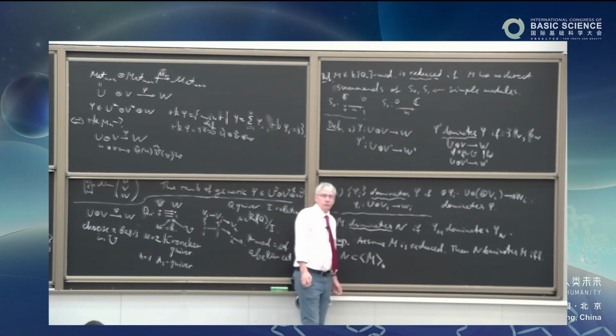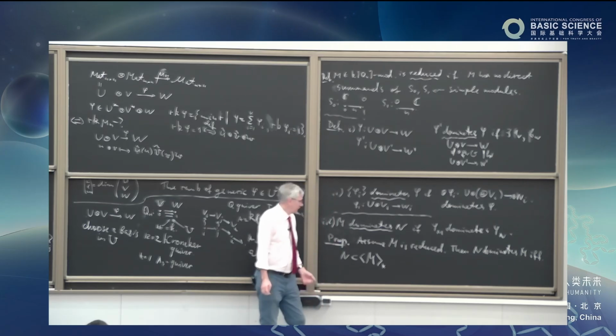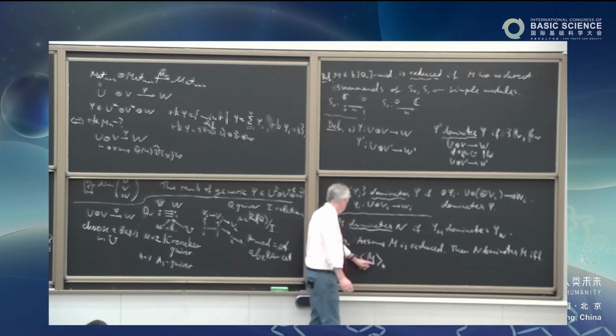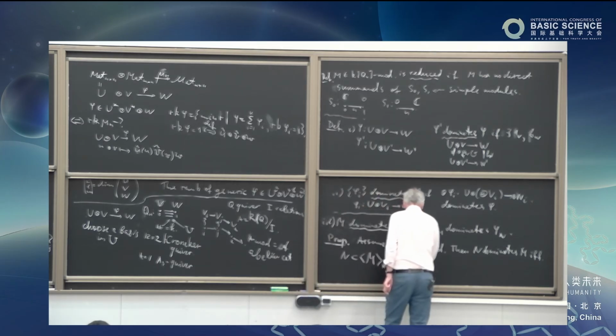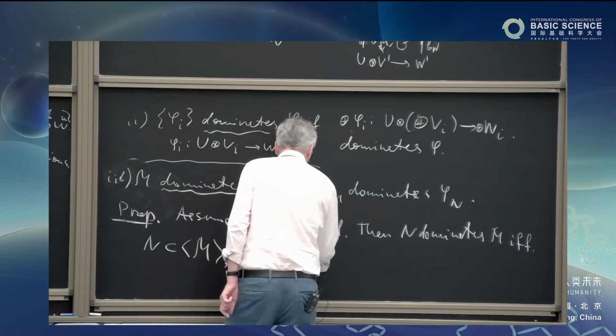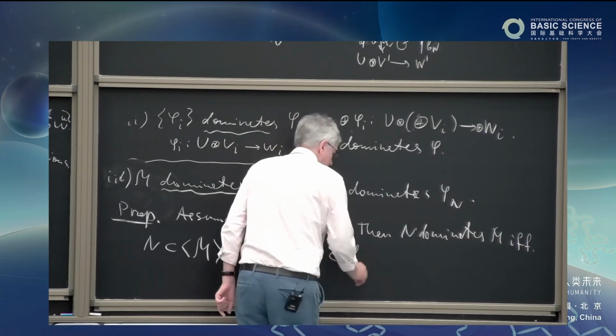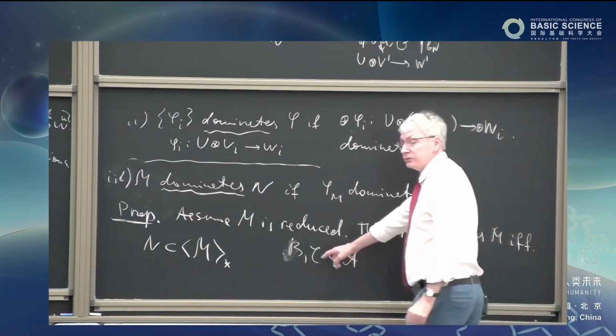the notion which was probably first considered by Gabriel, an expert in abelian categories. But I'm not sure if he was the first one. Somebody told me it was somebody else. So let me explain what the star product is. Assume you have two subcategories in some abelian category, B and C, closed with respect to direct summands, full subcategories.